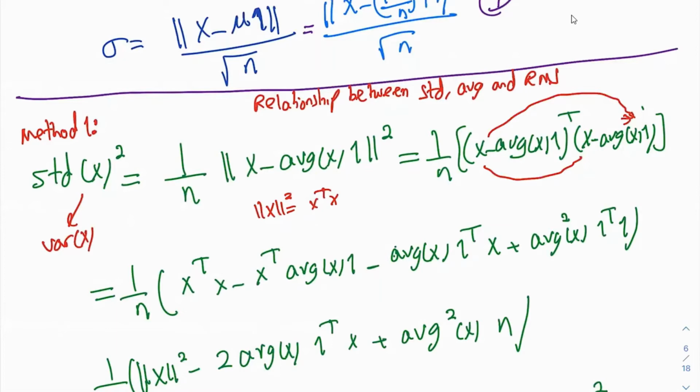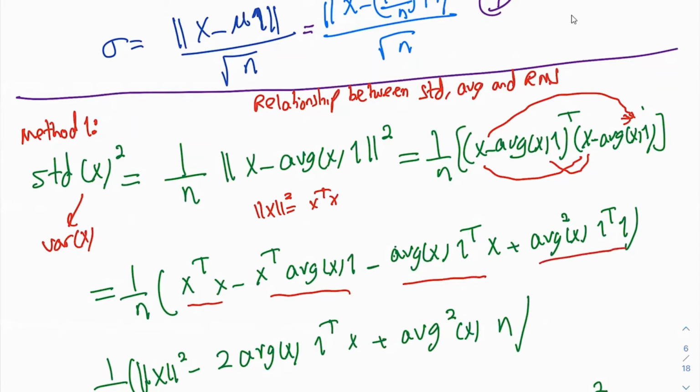All the elements are average of x, and then average of x times 1 transpose times average of x times 1. Let's see. We get x transpose x. This is norm of x square. We have seen this many times. This is x transpose average of x, 1 transpose x. Remember, 1 is a vector, so 1 transpose makes sense.